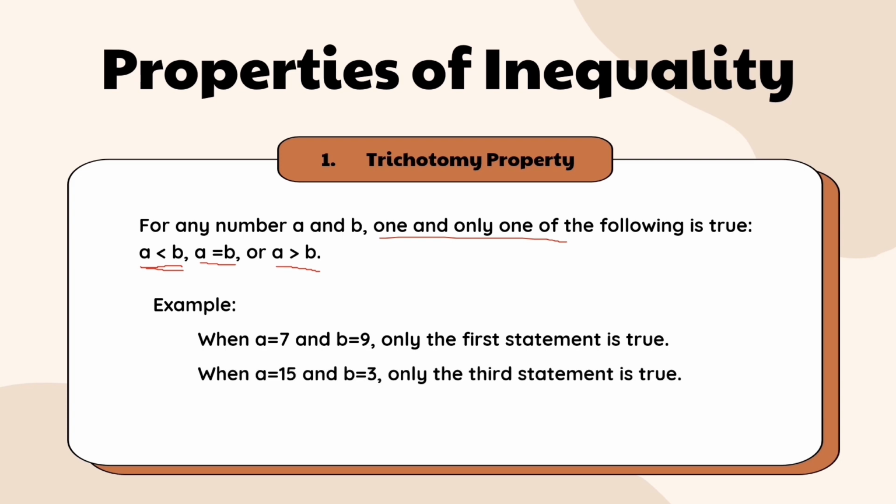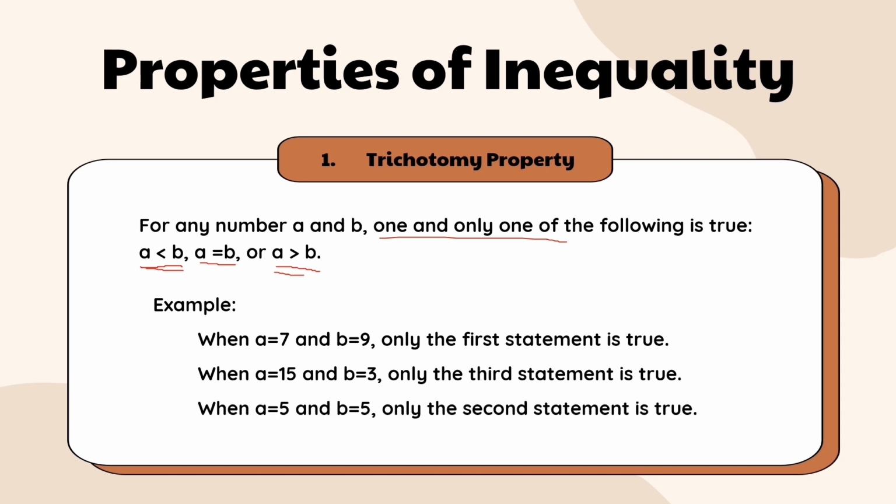So only the first statement is true. When a is equal to 15 and b is equal to 3, only the third statement is true, because 15 cannot be less than 3 and 15 is not equal to 3.